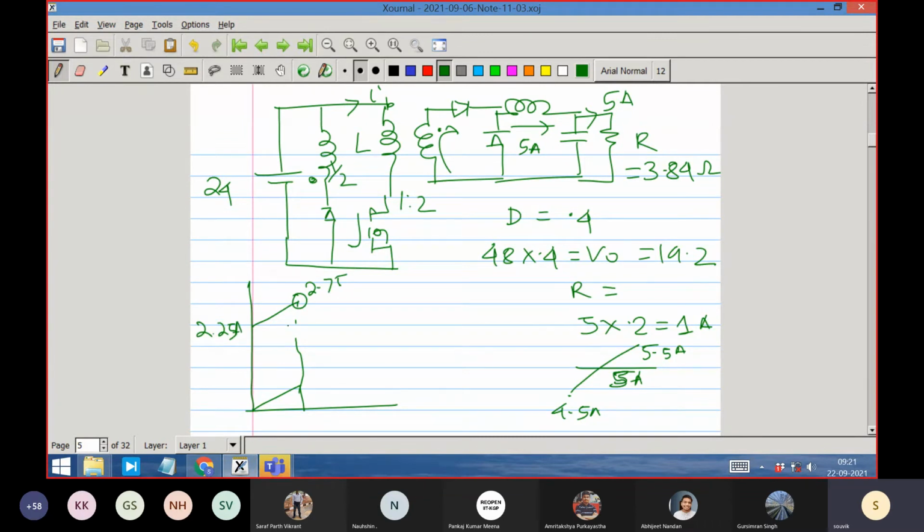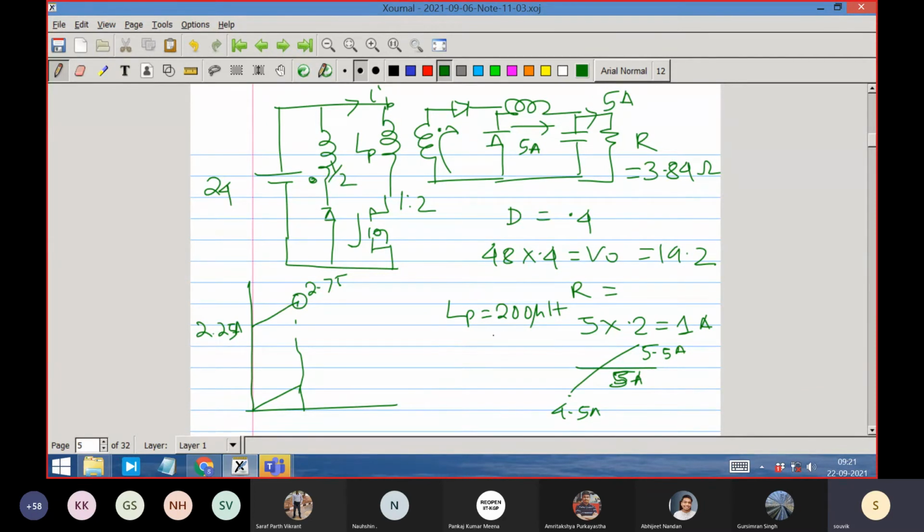To get the magnetizing current, we need to know the primary LP. Let us say it's a magnetizing inductance of 200 microhenry. So how much is the I peak?